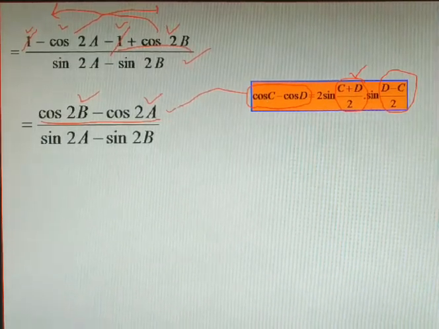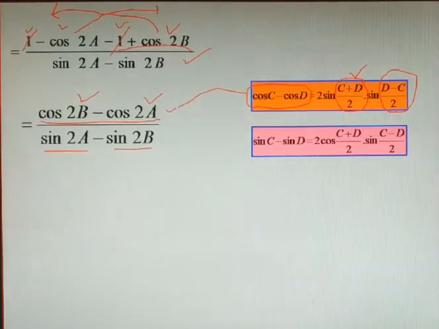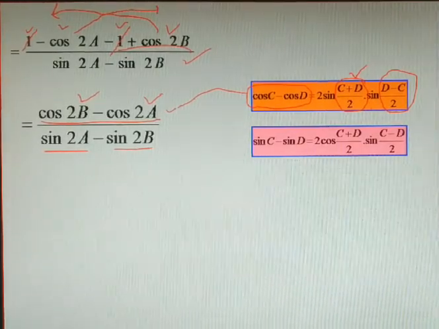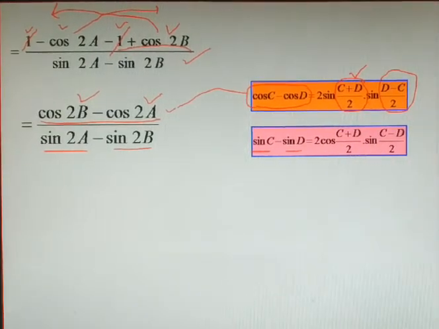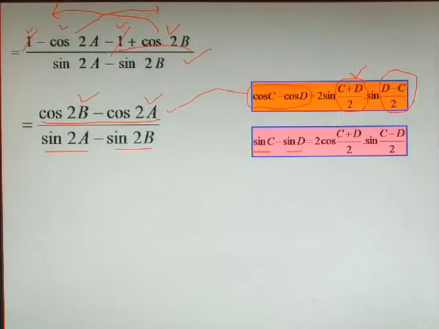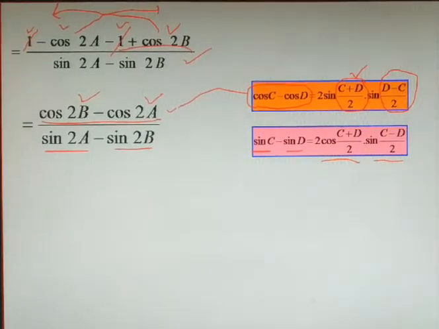Similarly, sine 2a minus sine 2b is also in a similar form of formula, that is sine c minus sine d equals 2 cos (c plus d) by 2 into sine (c minus d) by 2.